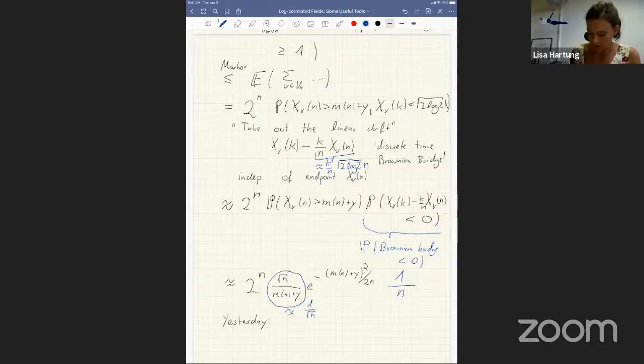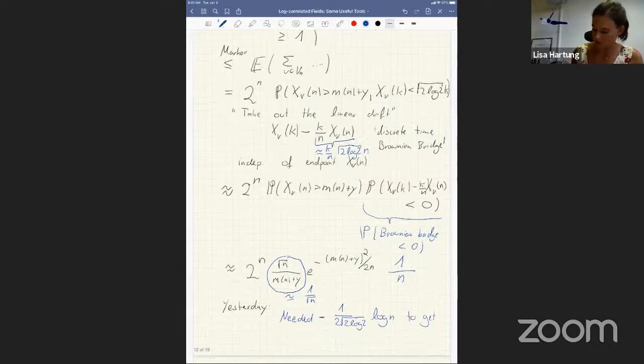So we needed 1 over 2 square root 2 log n with a minus to get rid of, so to cancel, the 1 over square root n.